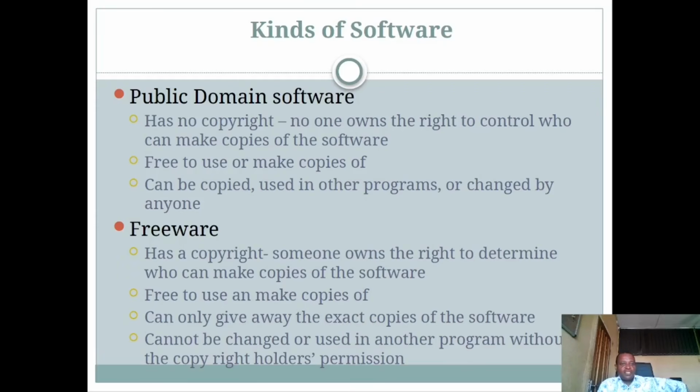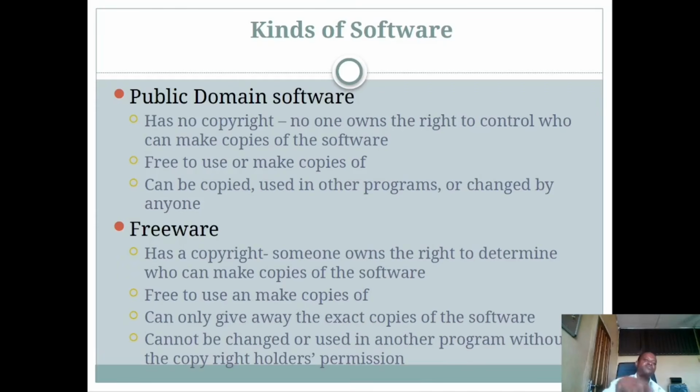Point number 3 is that the software can be copied, used in other programs or changed by anyone. That means that if you have the source code of that software, you can use it in another program. You can even change it and modify it to suit your taste, modifying the code for it to do something different.